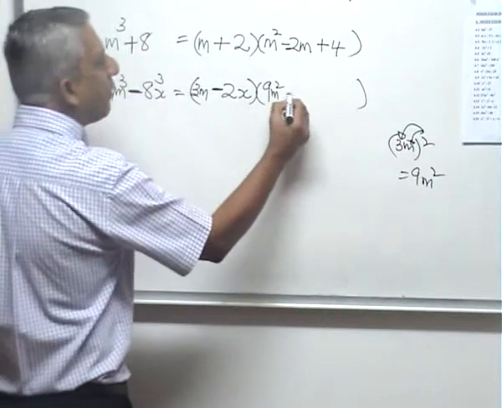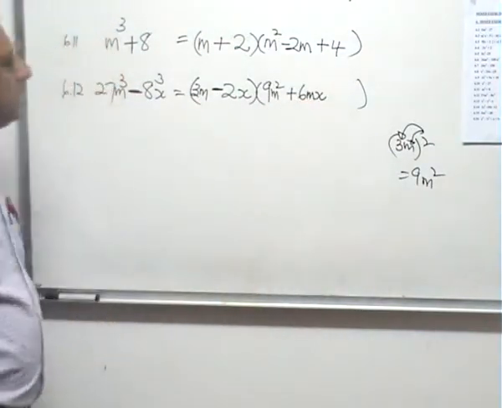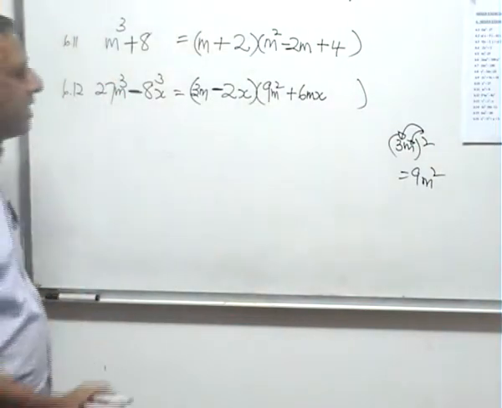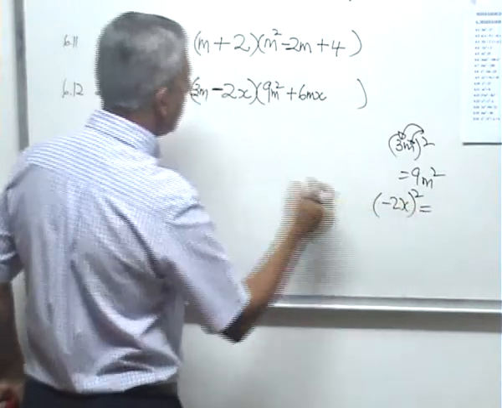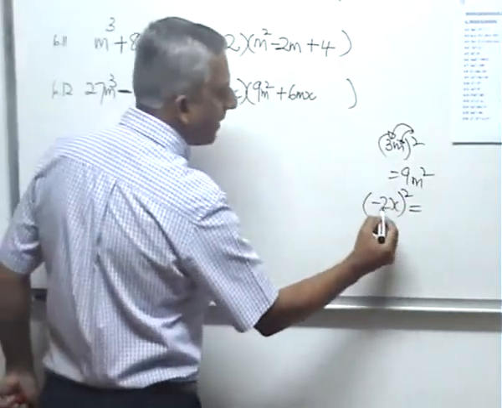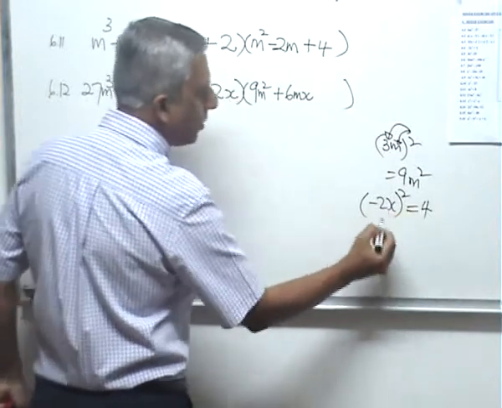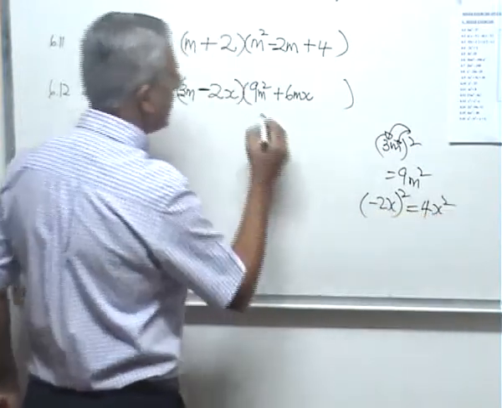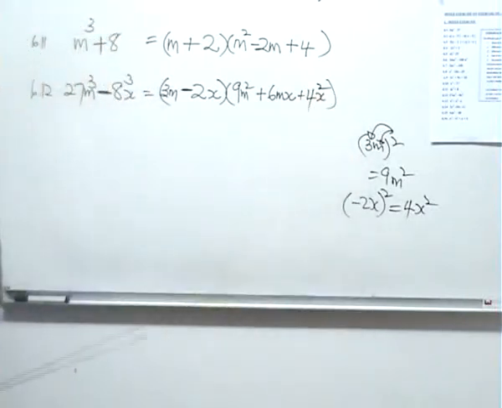Change the sign, it will become plus 6mx. And finally, you're going to square minus 2x. So if you square minus 2x, it's minus 2 squared, which means minus 2 times minus 2, 4x squared. So you get plus 4x squared.